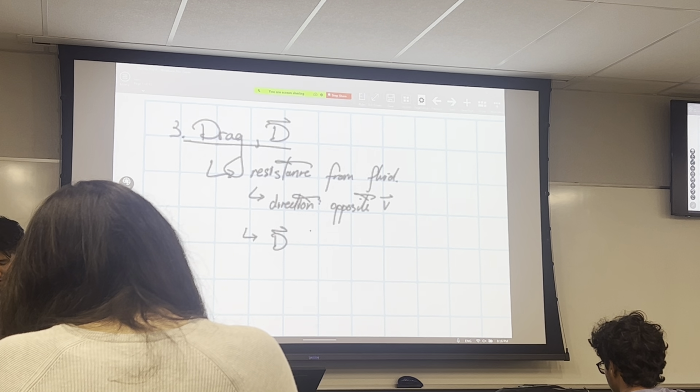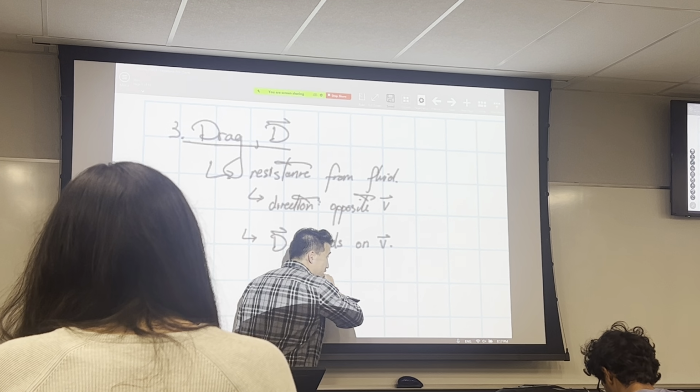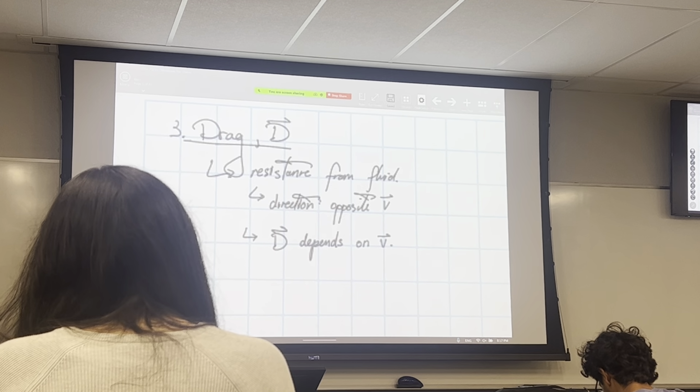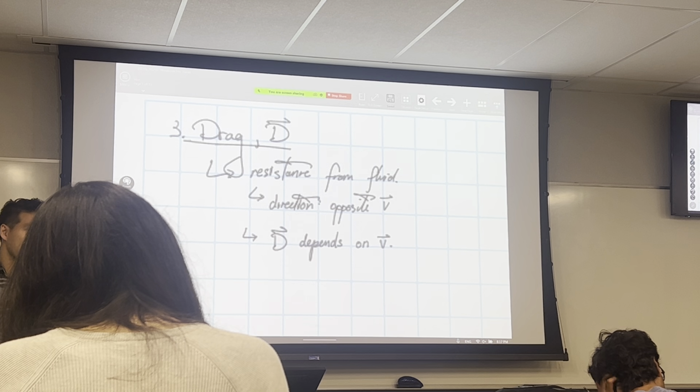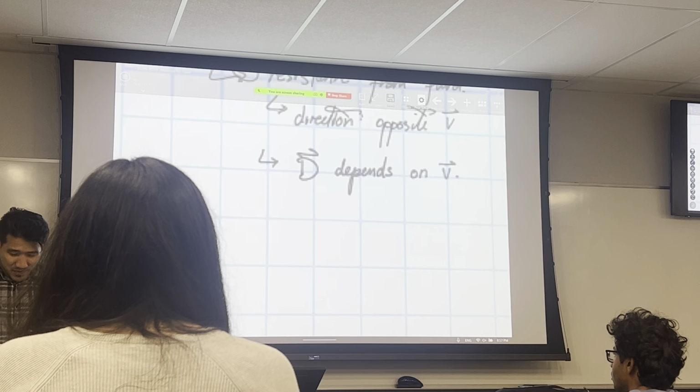So drag depends on V. And it is this feature that makes drag extremely, extremely difficult to the point where you need above calculus to solve these problems. So calculus is not enough. So let me convince you of that.